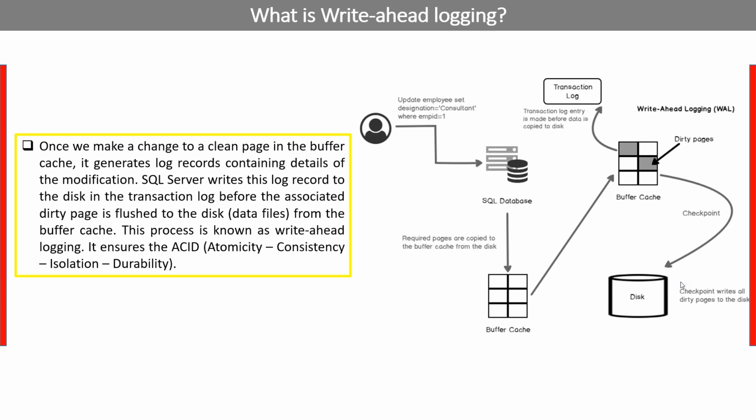Later, once everything is done, it will move data to the MDF. So for a rollback, or if suddenly something happens to your server, SQL or your transaction, it is still affected only in the data cache and the log file itself. You are not affecting anything in the primary data file. Got it, Pradeep? Right.